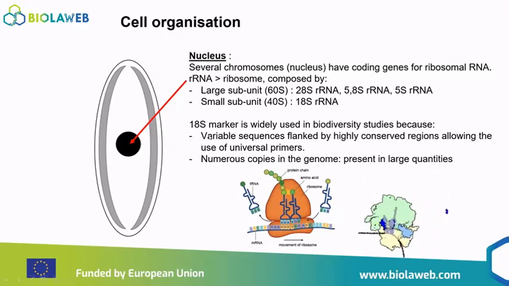So this is a good point. And the other good point is that you have plenty of this in the cell, and the number of 18S copies in the genome is very large. It's necessary to have such a large number of copies in order to be able to produce a large number of ribosomes. And so it's easy to sequence.